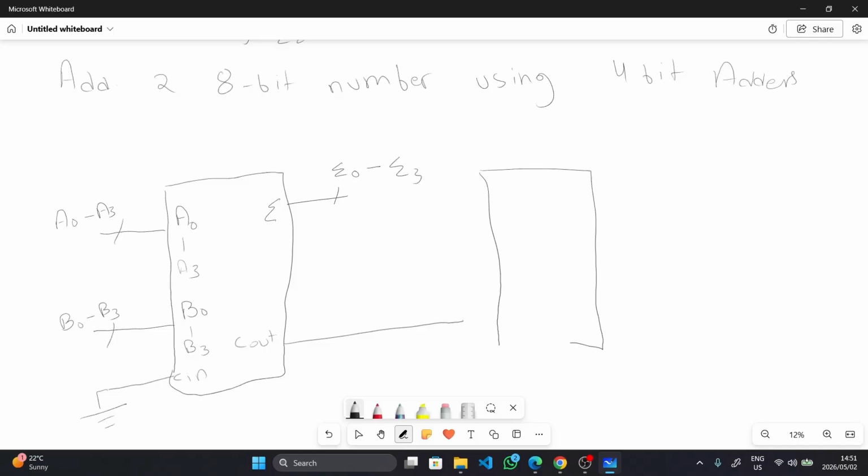right? So it will go there, your carry in, and then here you will have your input A4 to A7, then the same, you'll have your input B4 to B7, and then your output will be the sum from sum 4 to sum 7, right?